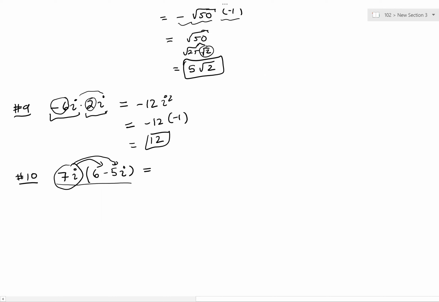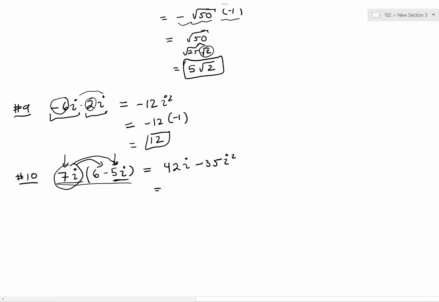So I'm going to multiply the 7i times the 6. That will be a 42i. Then I'm going to multiply the 7i times the -5i. Okay, so the 7 times the -5, that's going to be a -35. But both terms have i's, so that means I'm going to have an i squared on that 35.